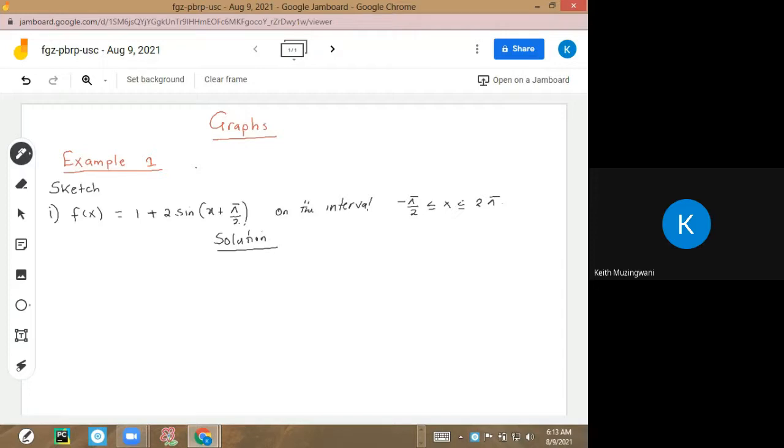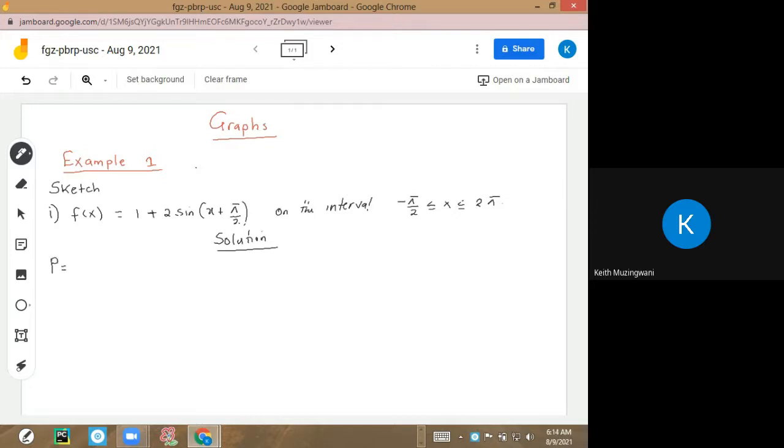The first thing that you need to know is that for a sine function, when they say sketch, the method that I feel is easy, if you understand the use of angles, is that your task is just to get the period.